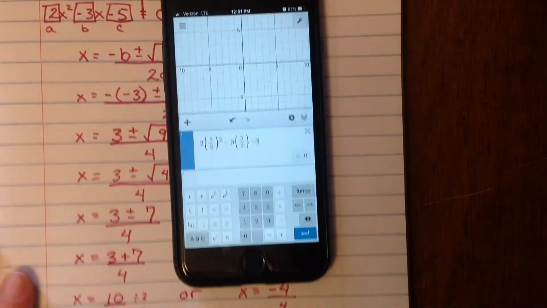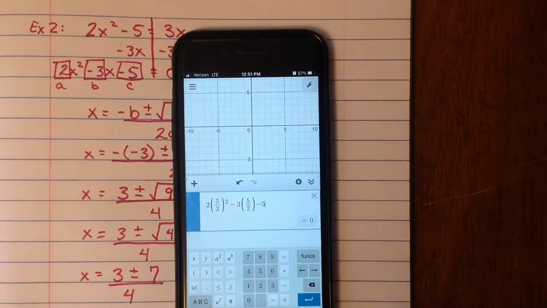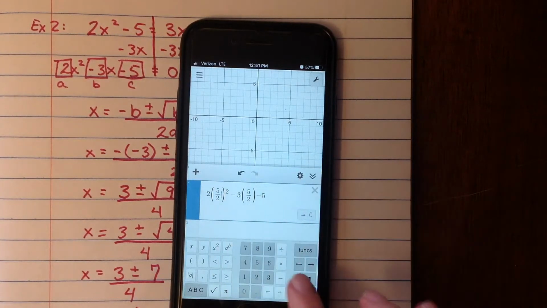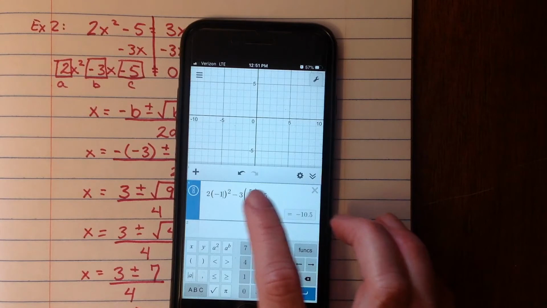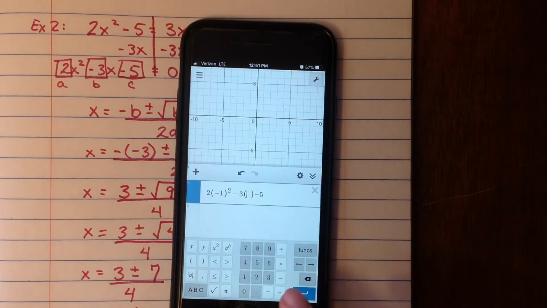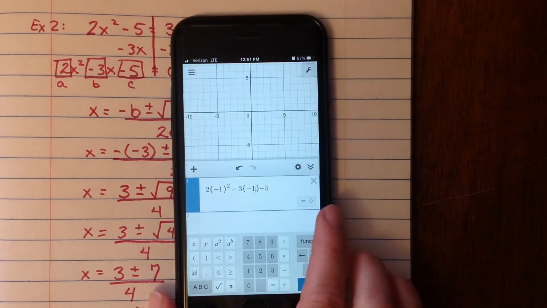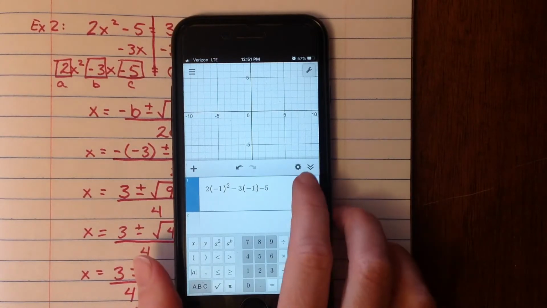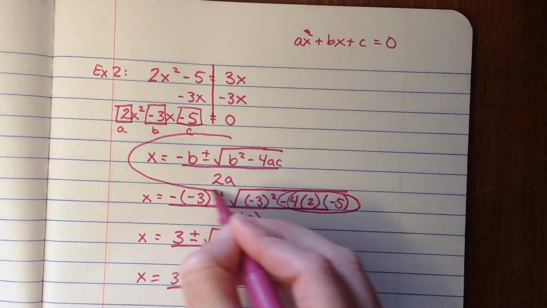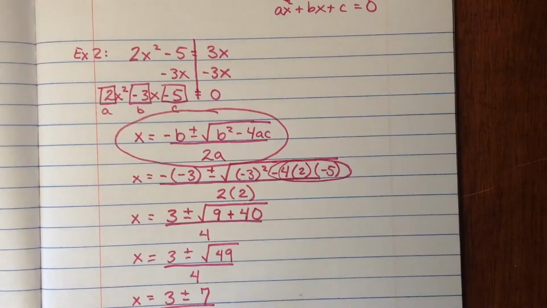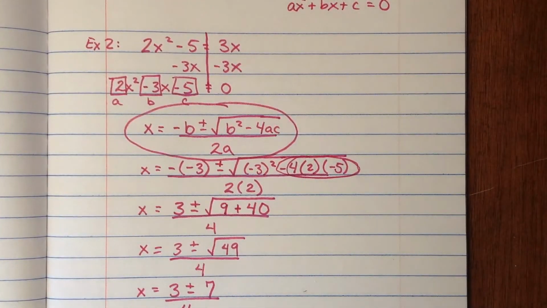And then I also said, well, x could have been negative 1. Negative 1 should also work. And so I'm just going to replace the 5 halves with a negative 1, and that also comes out to be 0. And so again, this formula here, the quadratic formula, is a way of finding your x values when you are not able to factor.